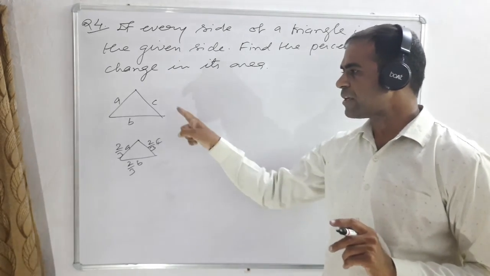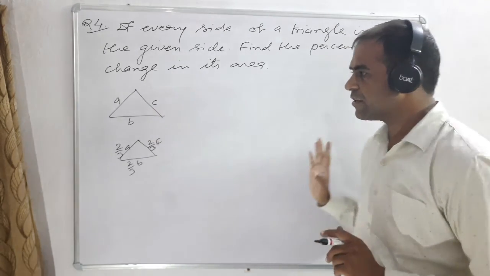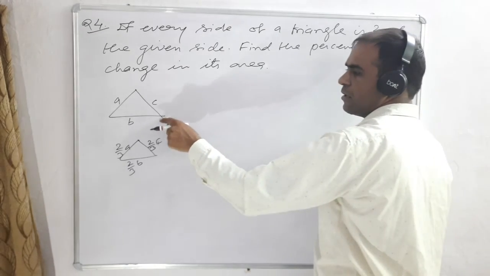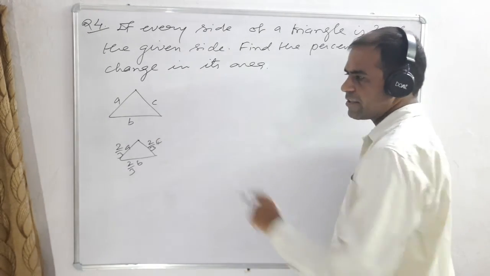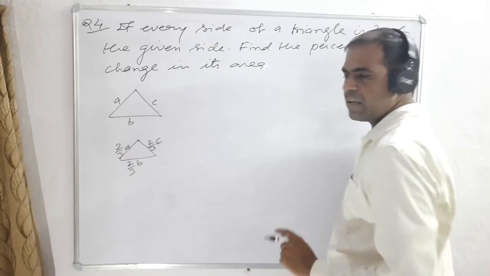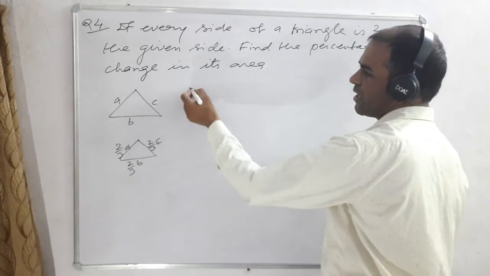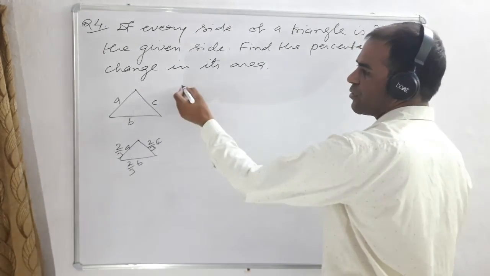So we should compare the area and the percentage. So first of all, find the area of the given triangle. This is the given triangle and this is the reduced triangle. So let A, B and C be the sides of the given triangle.